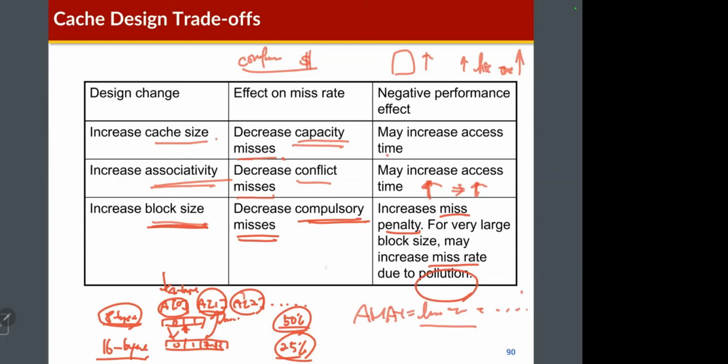Which means that if the cache size is limited, if we just assume the same cache size and increase the block size, then the number of blocks in this cache is decreased.